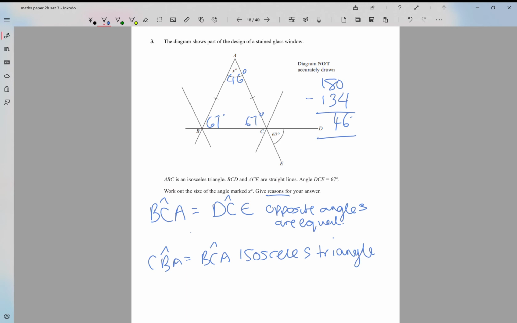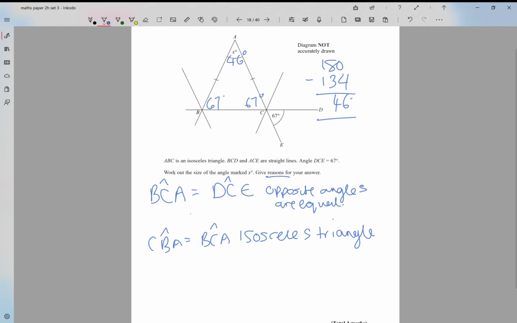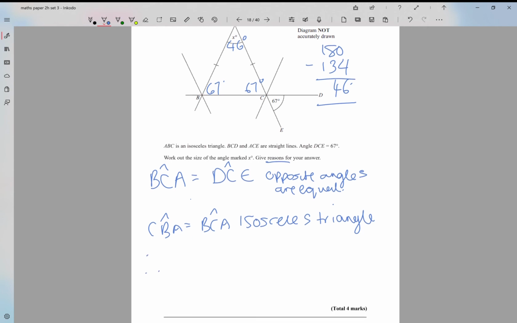Okay, so that's telling you why that's 67, and then therefore x equals 46 degrees, and then there you can say because angles in a triangle. You don't have to write add up to 180 because that's enough.